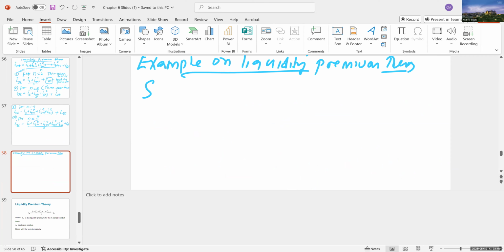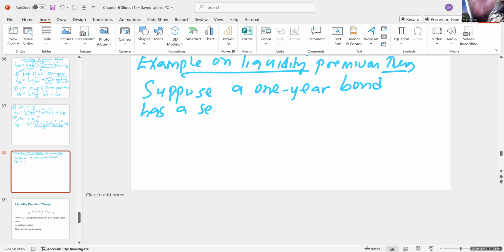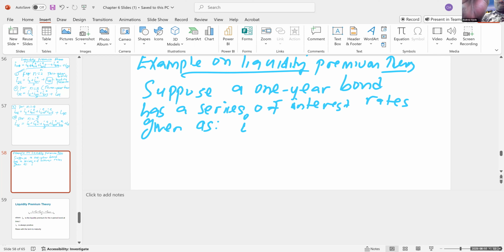Suppose a 1-year bond has a series of interest rates given as 1%, 3%, 4%, 5%.